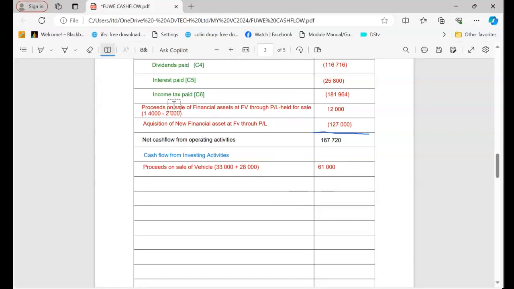It's the same thing we did here on top. It's just that here we made a loss, so we subtracted it. Can you see? And here we don't call it carrying value, we call it fair value, which is the same thing. So be careful. Here we're finding proceeds, and for you to find proceeds you use the same formula. Next time you can be lucky, they can give you the proceeds.